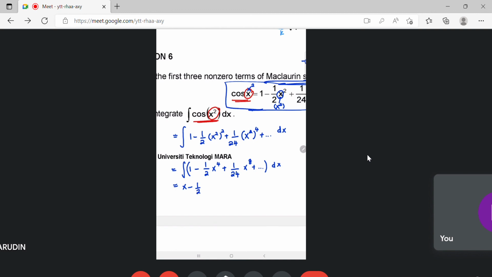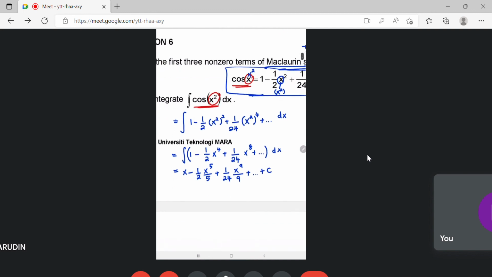So, integrate x power of 4, dapat x power of 5 divided by 5. Plus 1 over 24, x power of 9 divided by 9, plus dot dot dot, plus C. Okay.